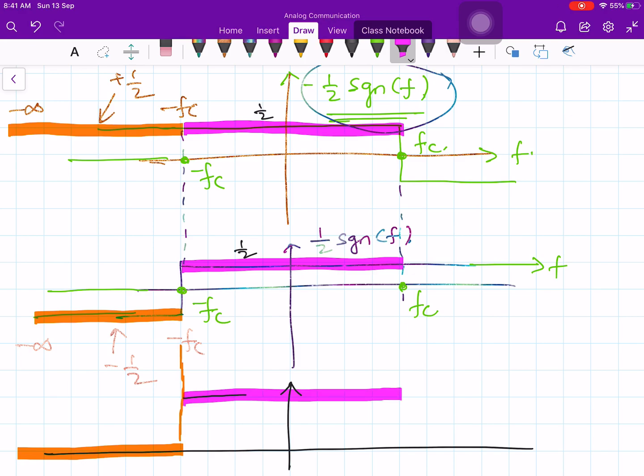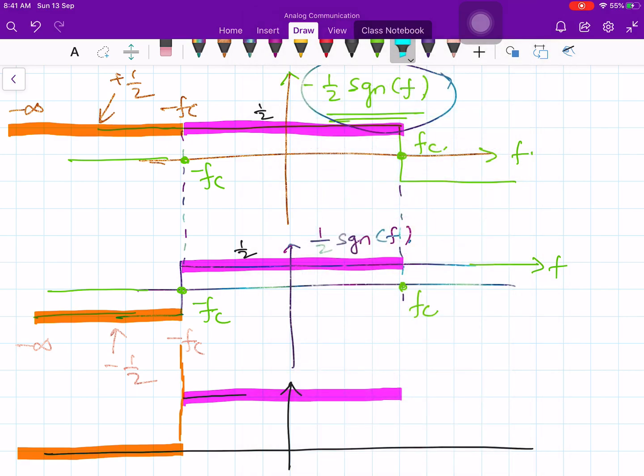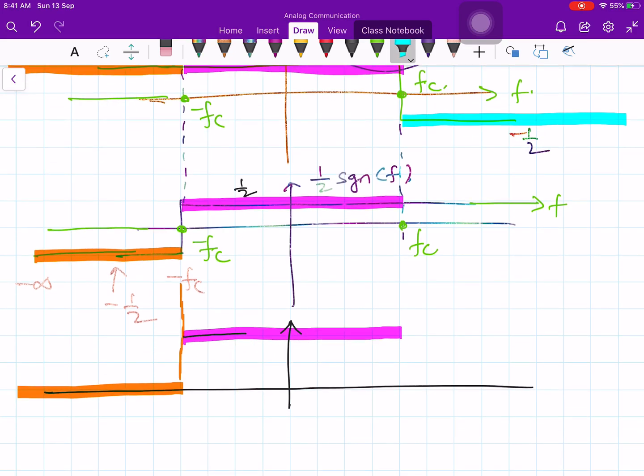Then now from Fc to infinity it is minus 1 by 2, and in this one from Fc to infinity it is plus 1 by 2. If you add these two, then you will get a 0.